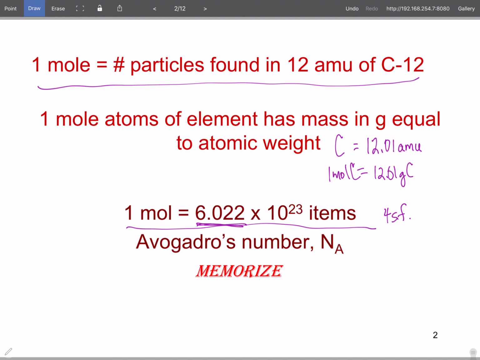If it's more than that, that's fine. You can use significant figures to make it come back. But bottom line is I'm not going to give you this value, so you need to learn it. Also, you'll need to learn how to put it into your calculator correctly.